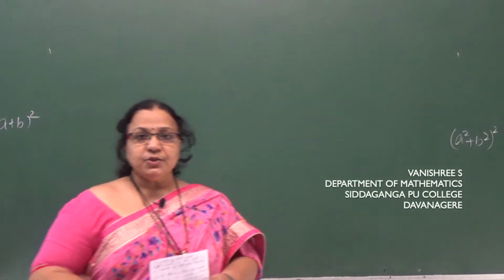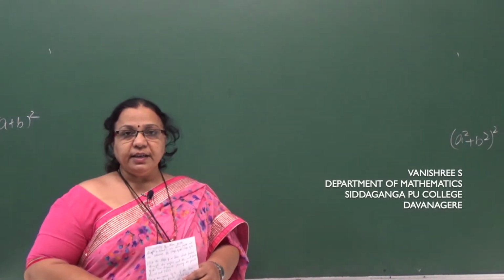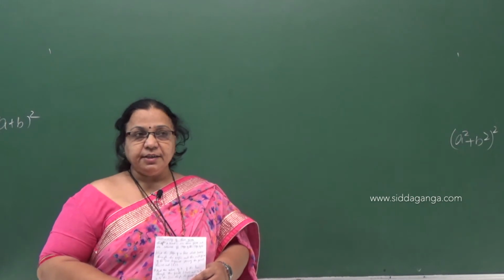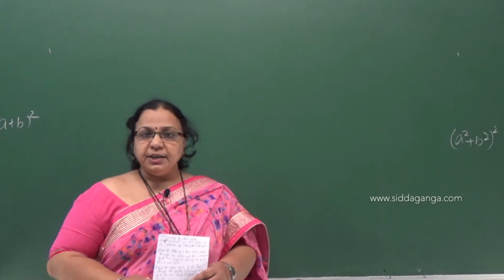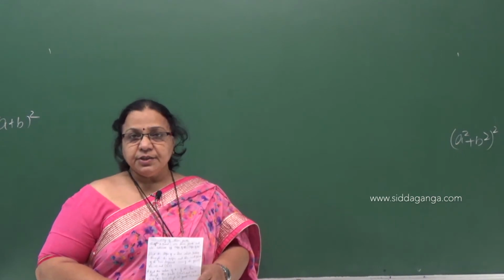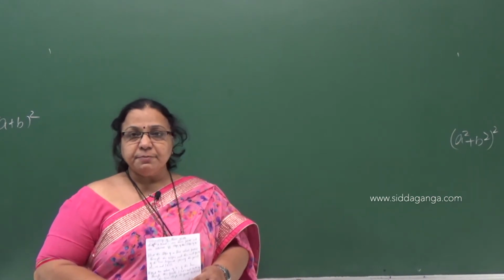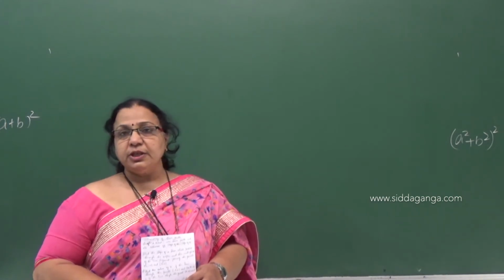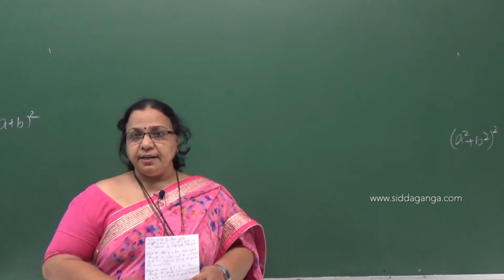Hi students, good morning. Welcome to the online class. Now we are continuing the straight line chapter. The first concept in the straight line chapter is the slope of the straight line.